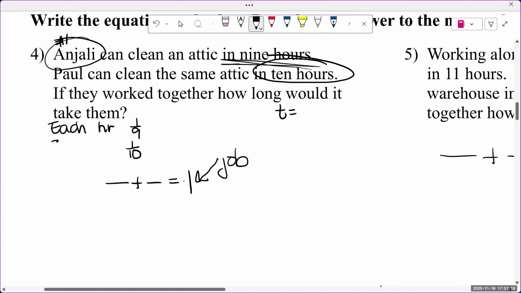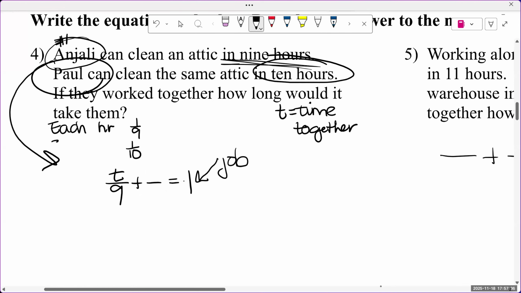Okay. So T is going to be equal to the time it takes them to do it together. So Anjali's fraction is T over 9. Paul's fraction is T over 10, equal to 1 job. Now we're always looking for the lowest common denominator, not this time.